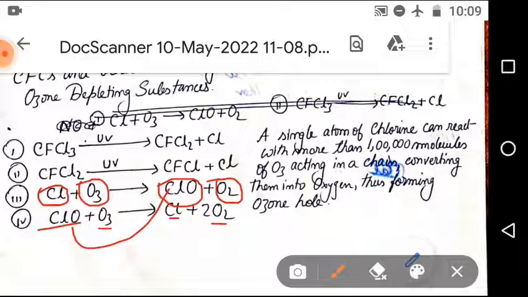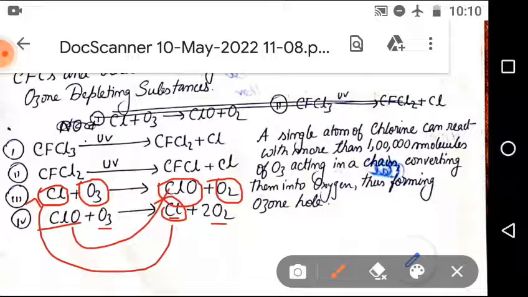You can imagine the Cl forms again, and just like a chain reaction, it will again interfere with the next ozone gas, and in this way it will continue to break off, and that's why there is a rapid degradation of the ozone layer in a stepwise manner. That is the main reason why ozone hole formation is occurring. It's not a one step reaction, it's a chain of reactions occurring one after another, causing depletion of the ozone.